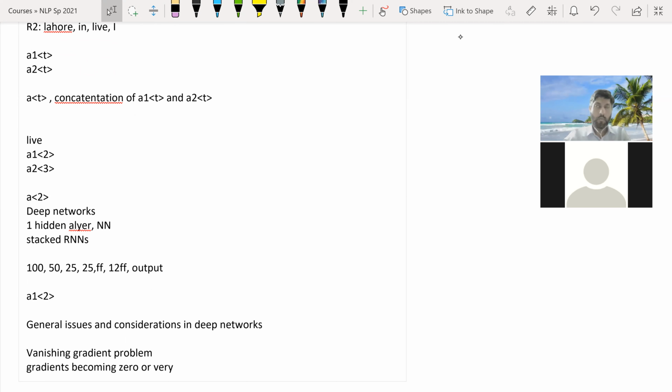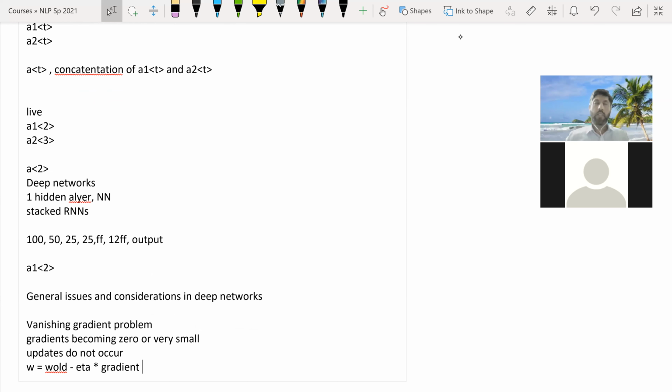Updates do not occur. Remember, what happens in an update? W is equal to W old plus eta, or minus eta, into gradient. So if the gradient becomes zero, of course, there's not going to be any update. Your network is going to become static. It's not going to learn anything. When we talk about no update, no adaptation, we mean that there is no learning.